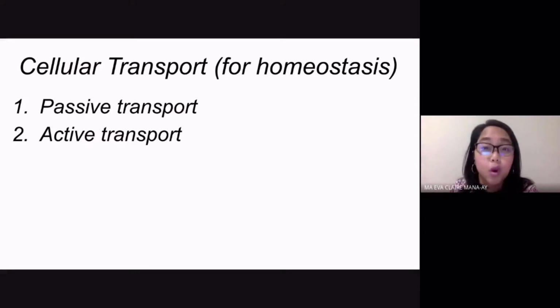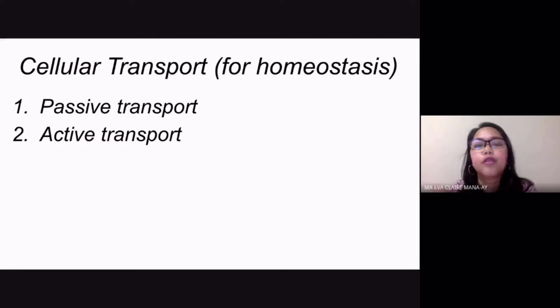If you are taking your medicine because you have fever, that is still for homeostasis. If you are using a fan or your air conditioner because it's too hot, that is for homeostasis. If you are using your jacket or your coat because it's too cold, that is still for homeostasis.